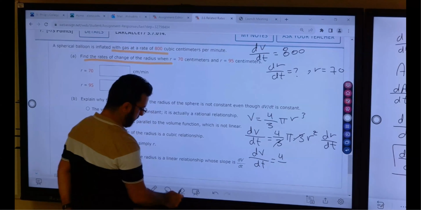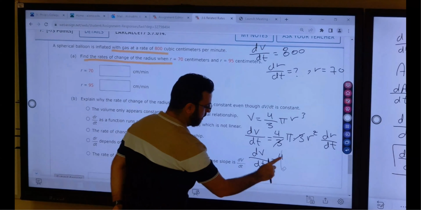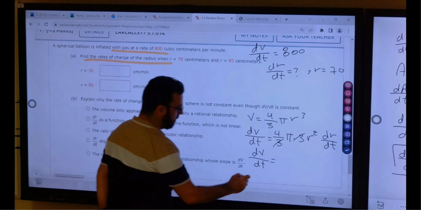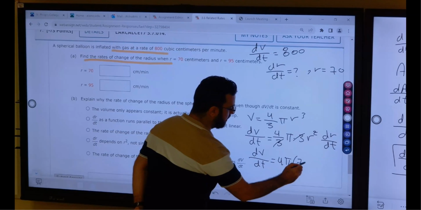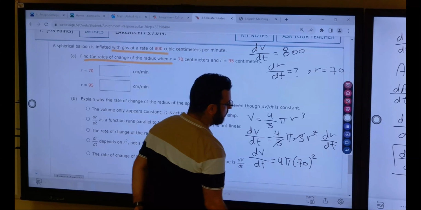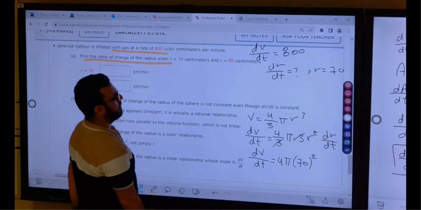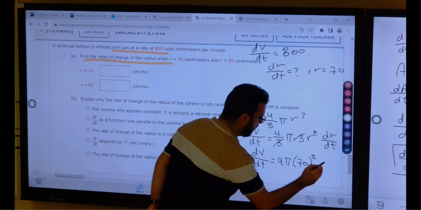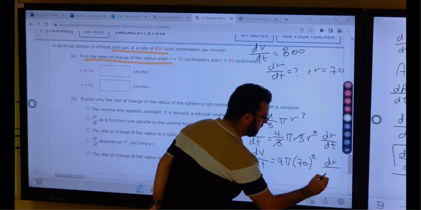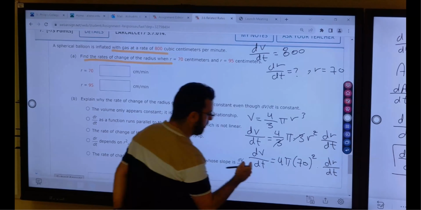Cancel the 3. 4 pi r squared. 4 pi, and r squared is 70 squared. Yes or no? Yes. And we need to find the radius with respect to the t, because we have the volume.